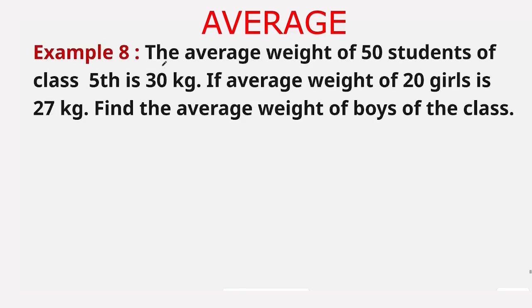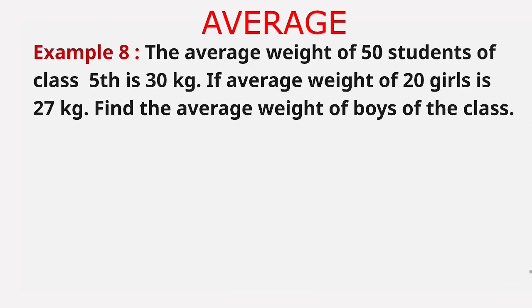Example 8. The average weight of 50 students of class 5th is 30 kg. If the average weight of 20 girls is 27 kg, find the average weight of boys of the class.